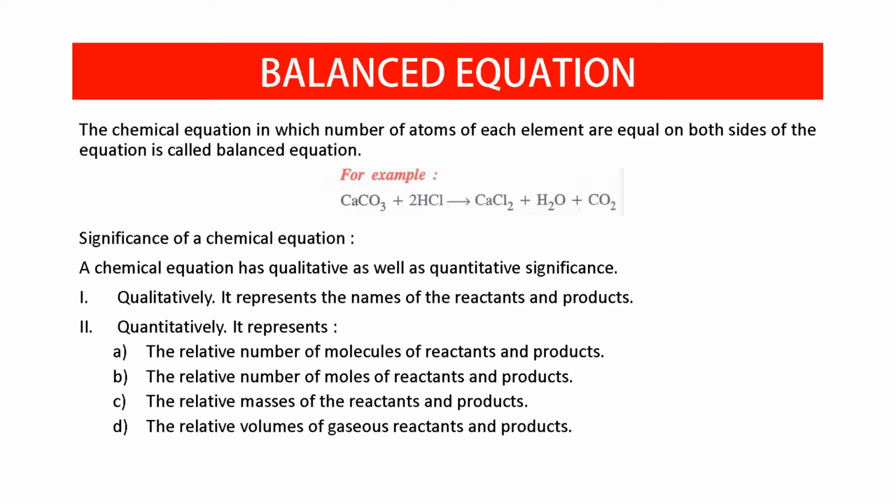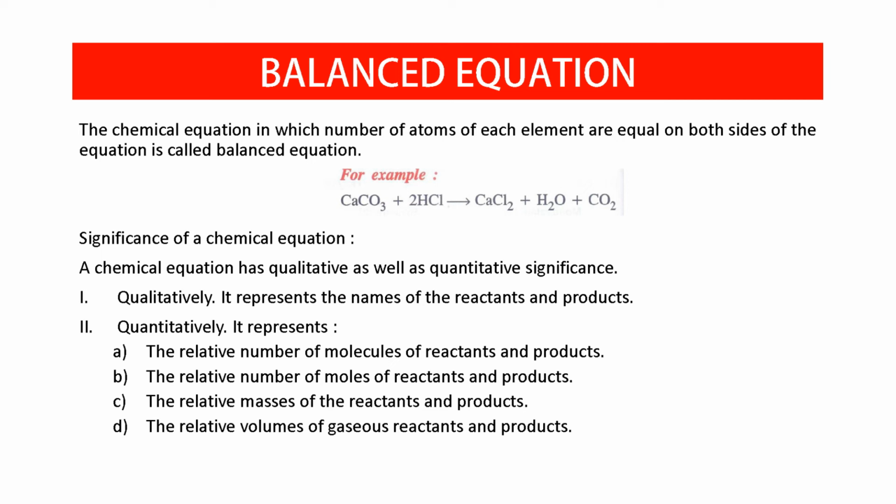So it is very easy: the number of atoms on the reactant side will be equal to the number of atoms on the product side. For example, you can see calcium carbonate, CaCO3, plus hydrochloric acid, HCl. What will form? Calcium chloride plus water plus carbon dioxide. Let's count the atoms on the reactant side.